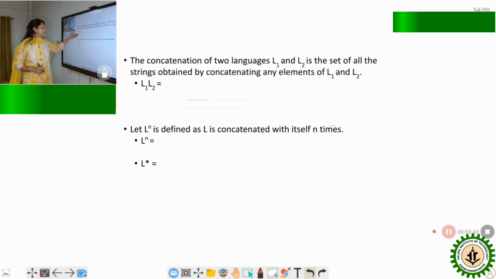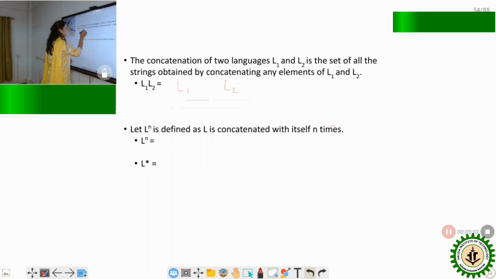And L1, L2, that means L1 is a set and L2 is another set, and we are concatenating. That means the string from L1 will come first, then it will be followed by the string of L2.